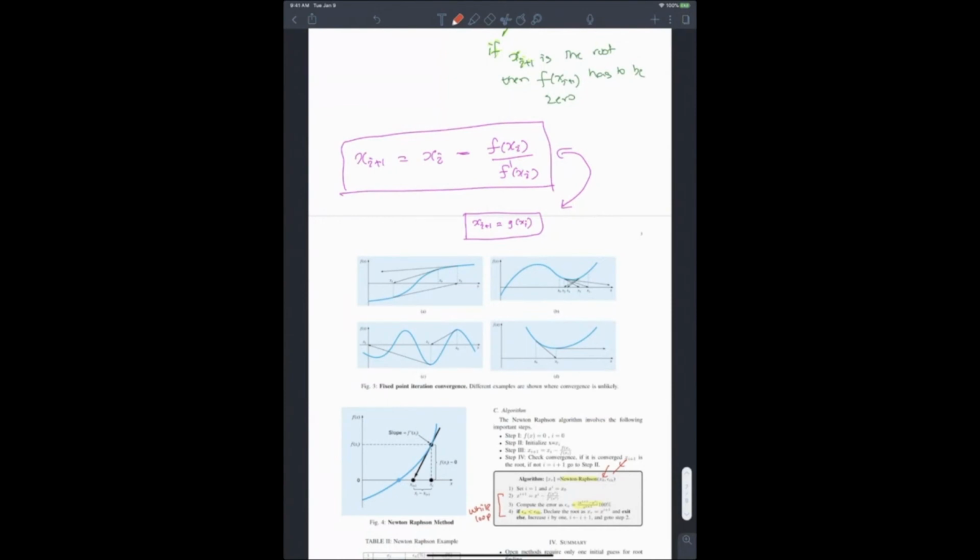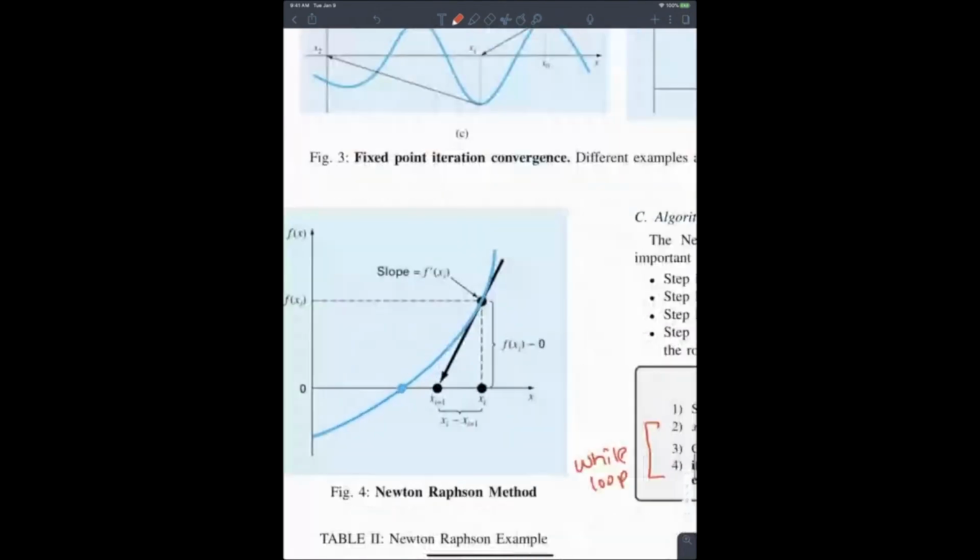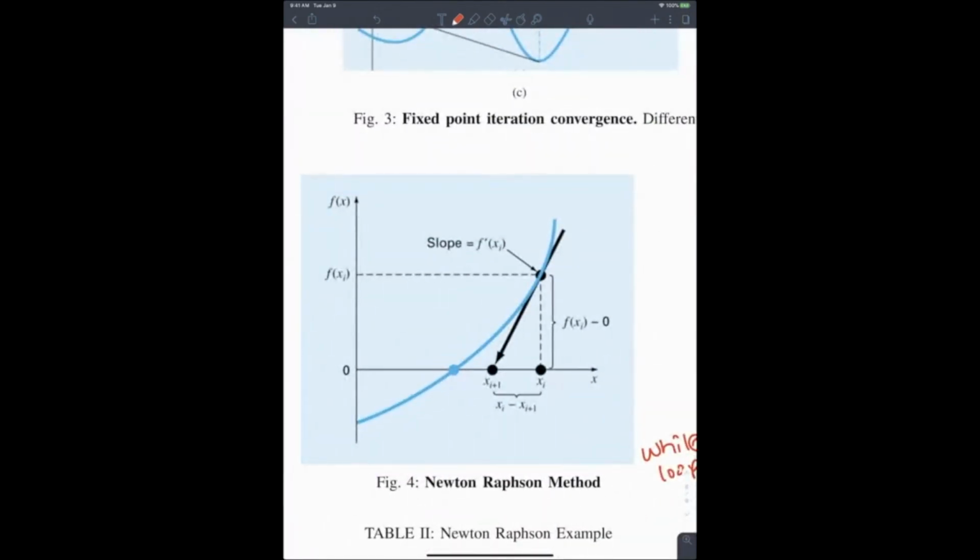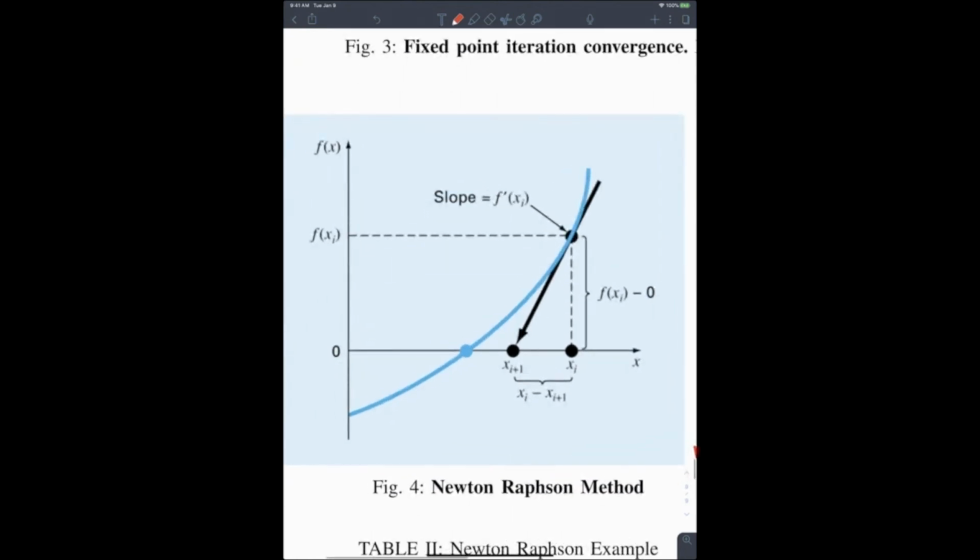It will converge nicely. For example, if you take this example, now we are looking at it graphically. What does graphically mean? How does the Newton-Raphson method work? It starts with the present iteration, and then you take the gradient of the function at that point, that is, the tangent of that function at that point.